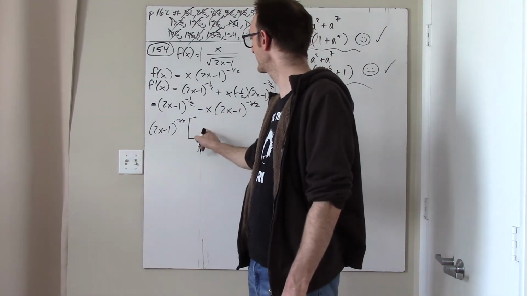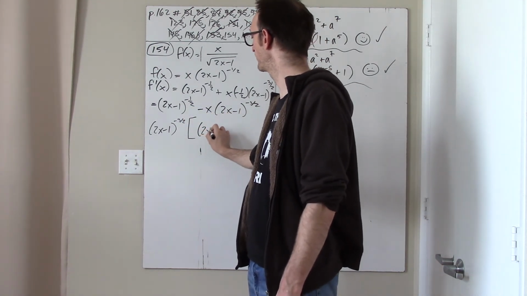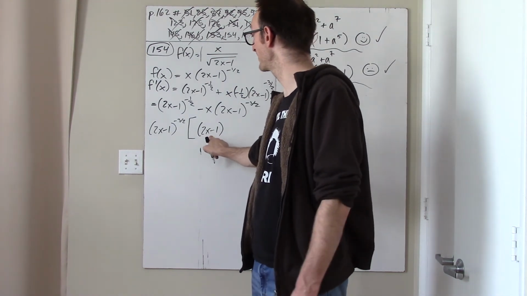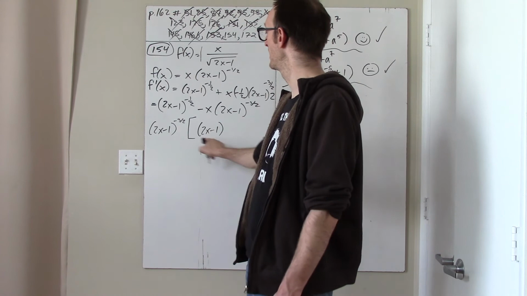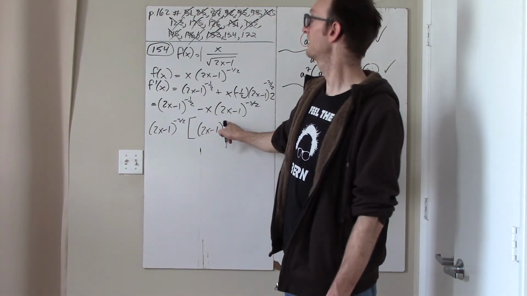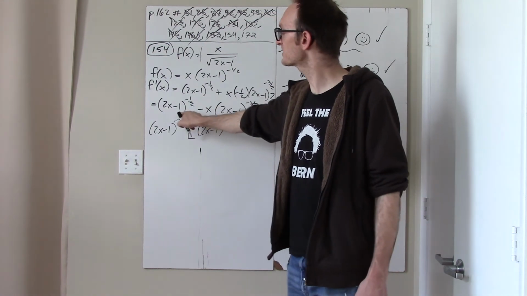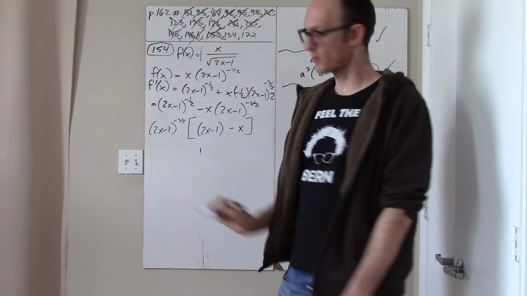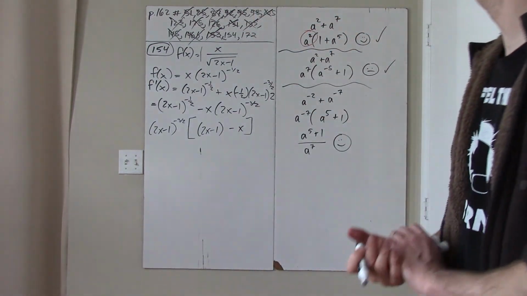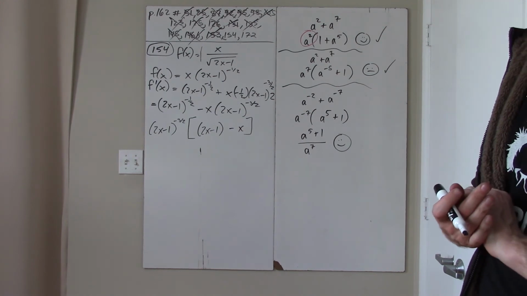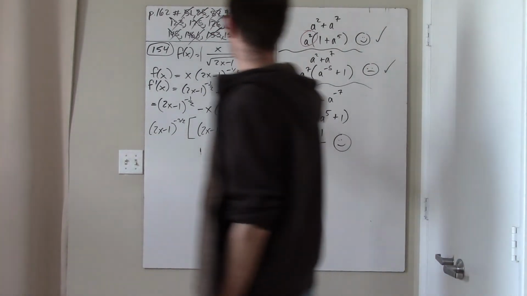And now magically, things are going to be beautiful, because I'm going to be left with some number of 2x minus 1s. How many? Well, 2x minus 1 to the negative 3/2 times 2x minus 1 to the what gives you 2x minus 1 to the negative 1/2? Answer, 1. So boom. And then this is just minus x. This is a kind of advanced algebra move, but once you get used to it, it's very efficient to simplify these kinds of disgusting things.